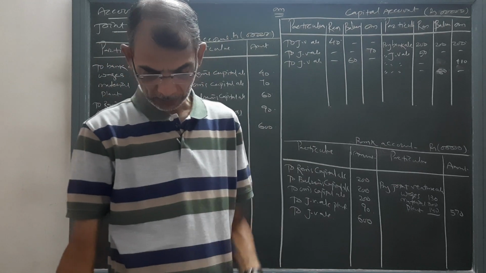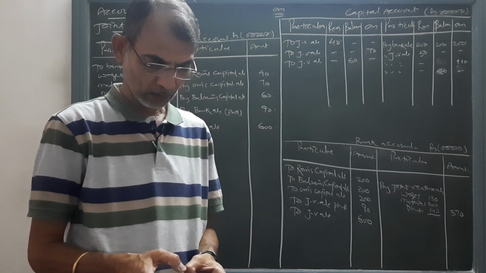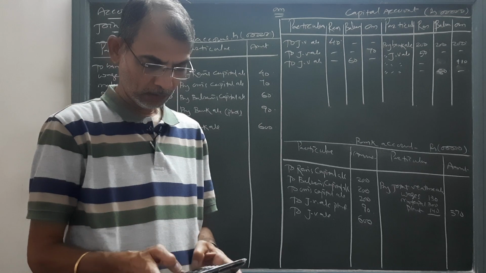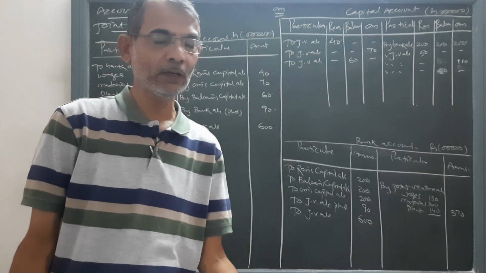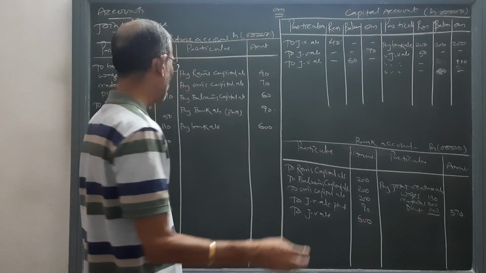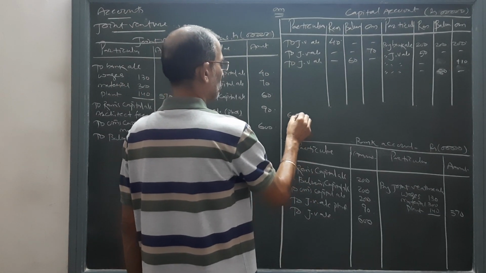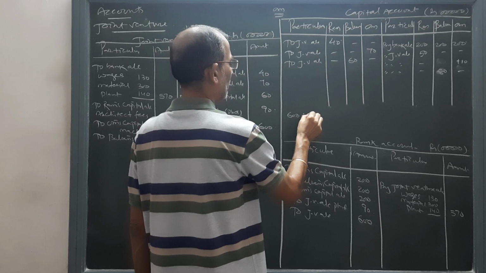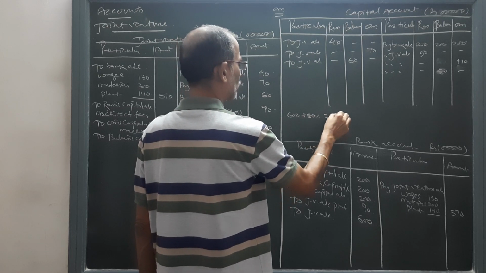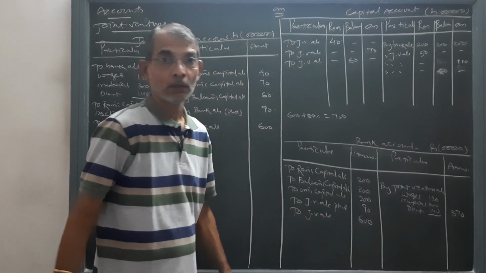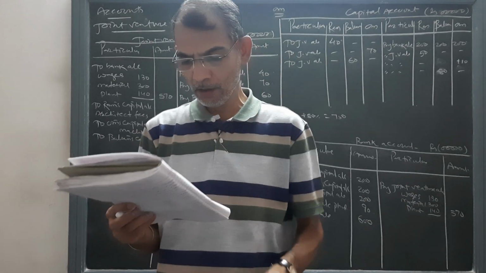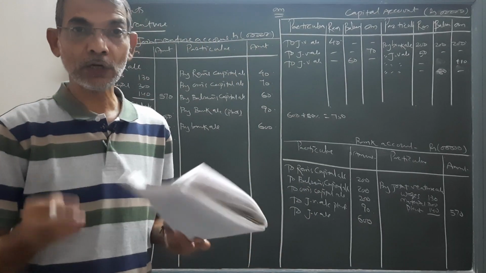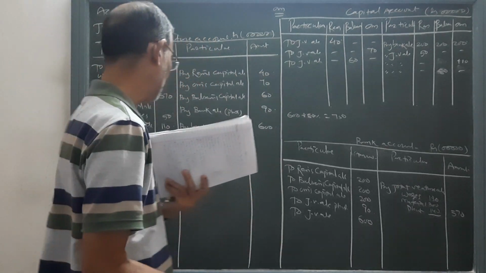This is 80%, that means total amount receivable is 7 crore 50 lakh. How? 600 divided by 80%. So you will get 150, that means 1 crore 50 lakh shares have been received, which are sold at 1 crore 80 lakh.